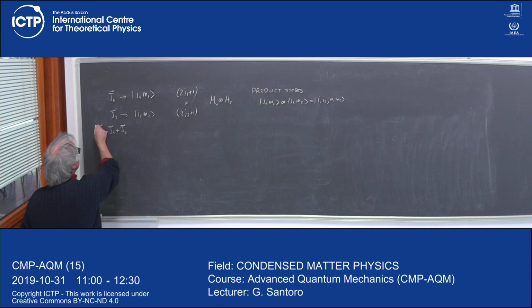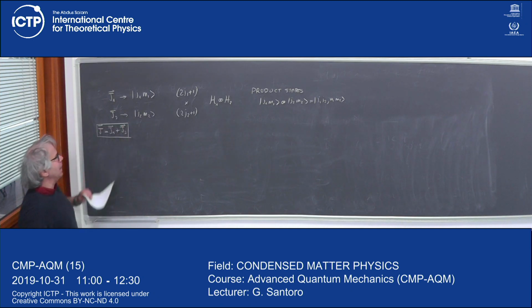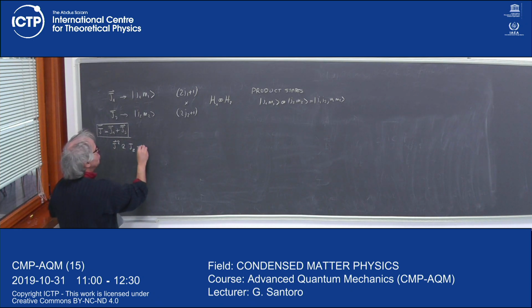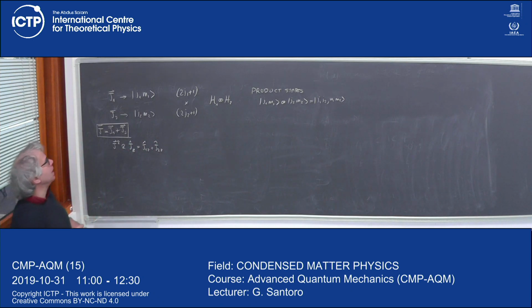Now I want to understand how I can form eigenstates of J square and of JZ, where JZ is J1Z plus J2Z. This is the goal.